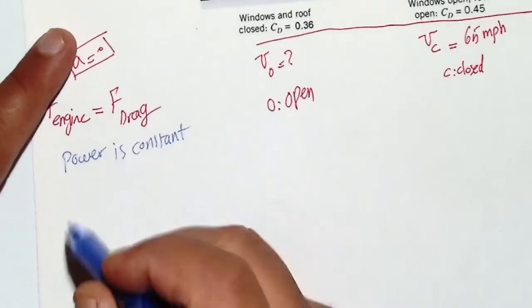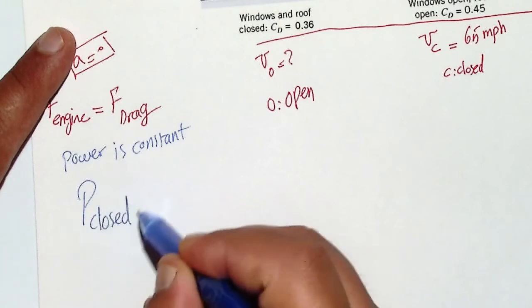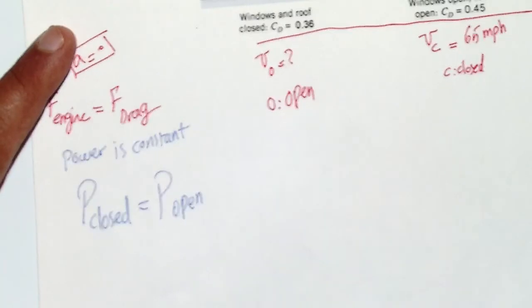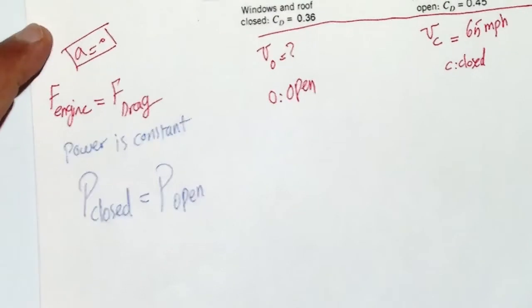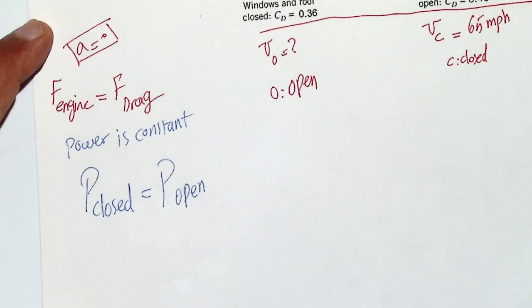So it mentions that the power of the engine in the closed one is equal to the power in the open one. Don't push the gas more to increase your velocity. You keep that, but only the force balance on the car changes.